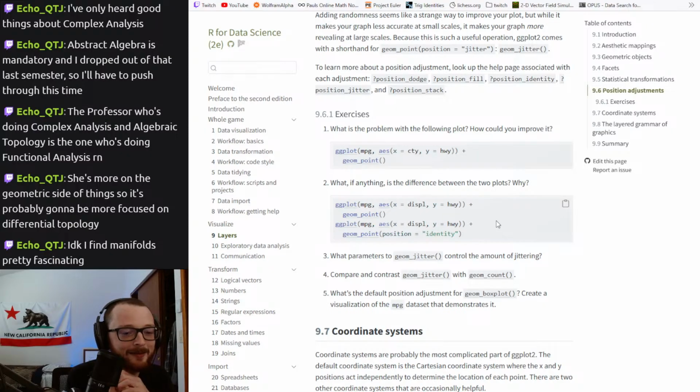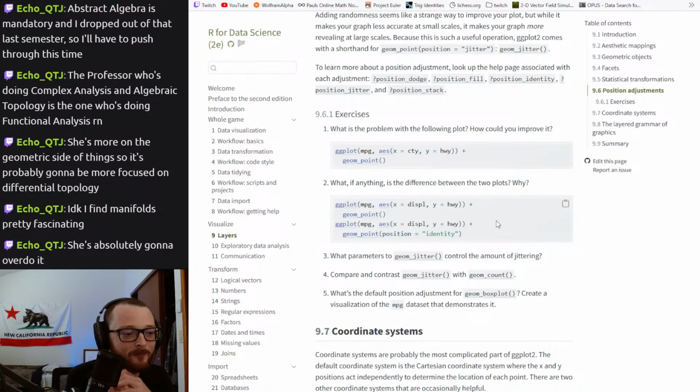There's a lot of things on my math bucket list for things that I want to learn about, and at least some basic topology is one of the things on it. Topology just sounds very strange. From the bit of it that I know, talking about deforming shapes into other shapes, but it does seem to come up in a lot of places in math. So she's absolutely gonna overdo it. It sounds like it, yeah.